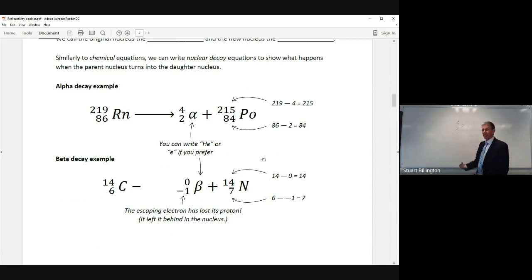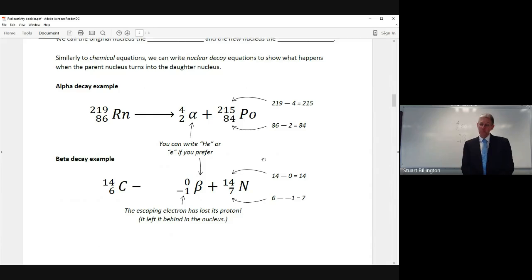This genuinely is meaningful, and it's real, and it really is counting protons and neutrons. We write beta like this, and it's important that you understand that this is really just notation.